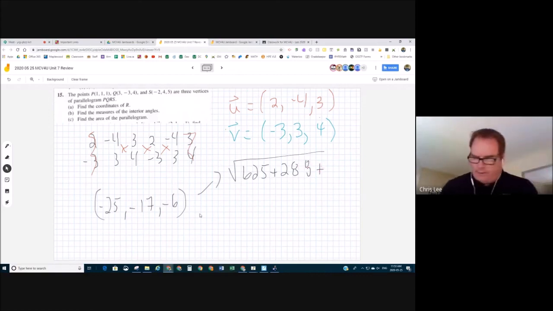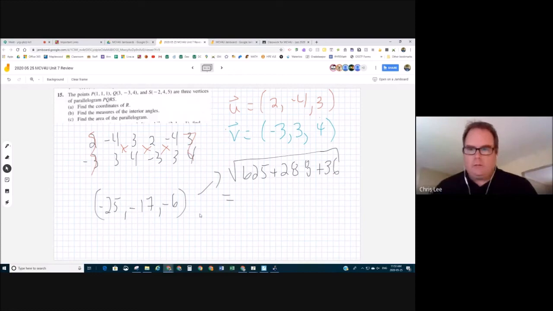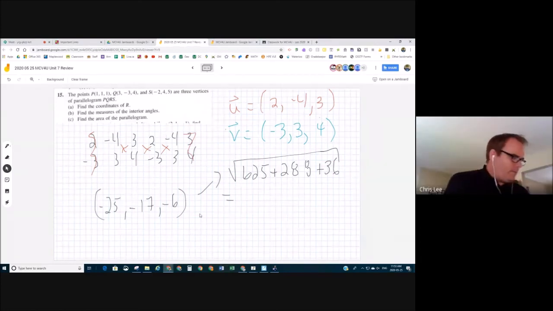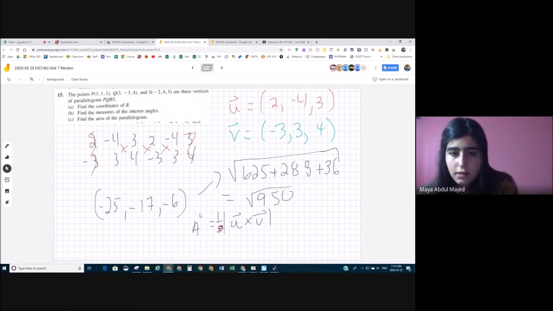And -6 squared is 36. Add them up and I get 950. So that's the magnitude of U cross V. But of course, I need half of that number because I'm finding the area of the triangle.